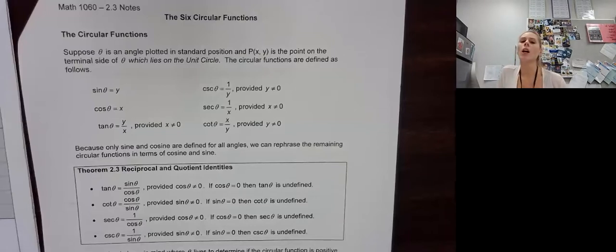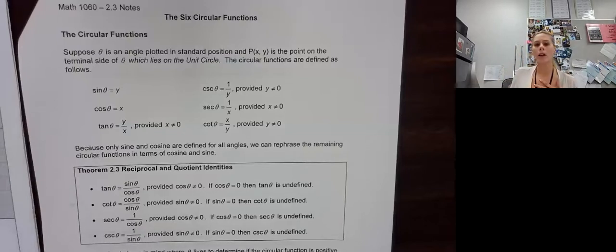Then we have our cosecant, which is the reciprocal of sine. So we have 1 over y in this case, but y cannot be 0. Secant is the reciprocal of cosine, so it's 1 over x, knowing that x is not 0. And then cotangent, of course, is the reciprocal of tangent, so we're going to flip that around to x over y, provided that y is not equal to 0.